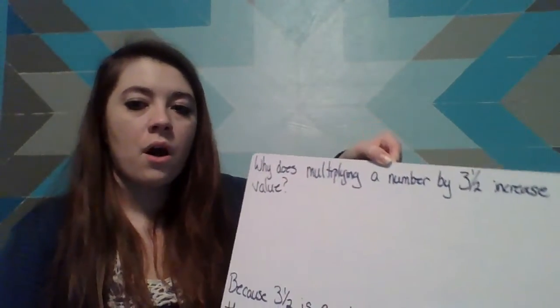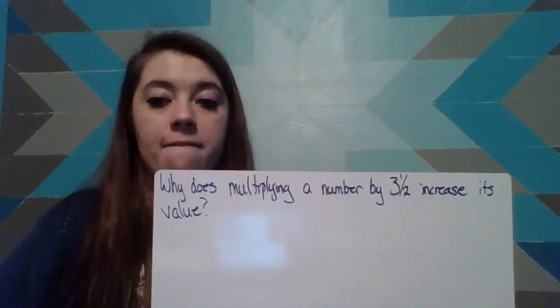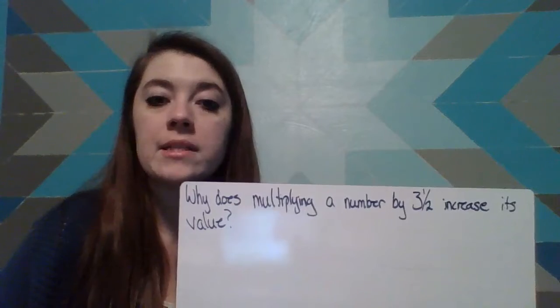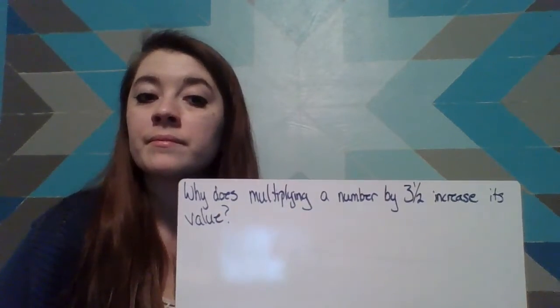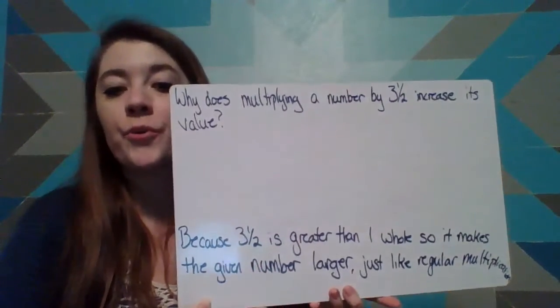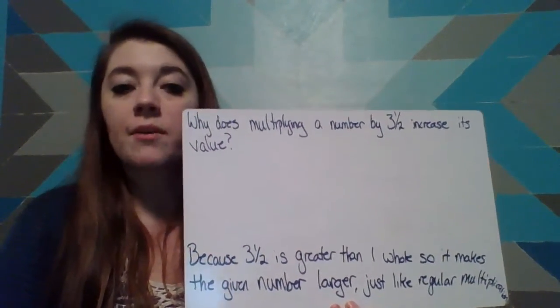Okay, so why does multiplying a number by 3.5 increase its value? Well, what do we think? Why does it increase its value? Because 3.5 is greater than 1 whole, so it makes the given number larger, just like regular multiplication.